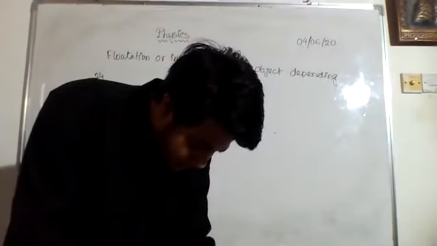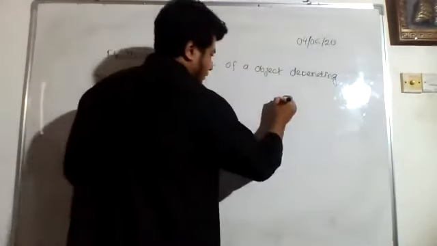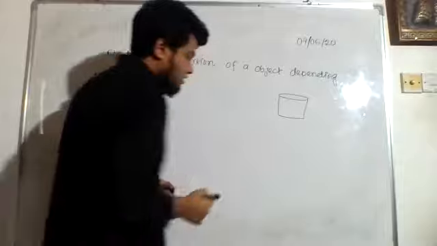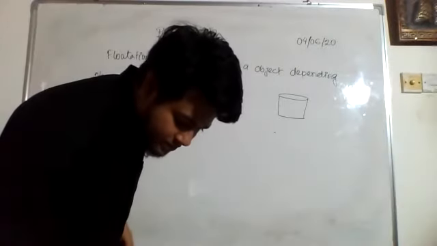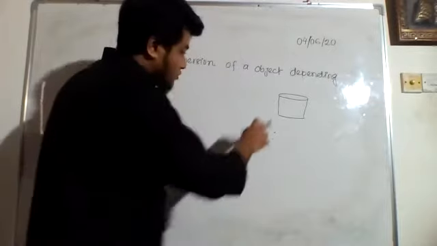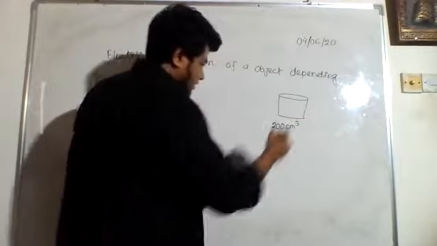The weight of the body of picture 1. There is picture 1 and we can see that there is a cylindrical object. The volume of this body is 200 centimeter cube.